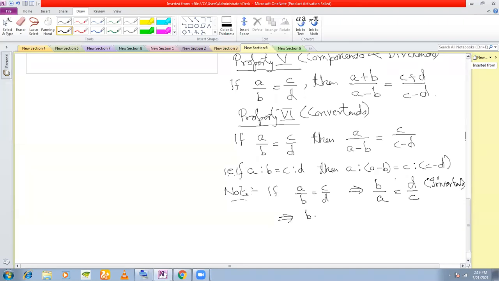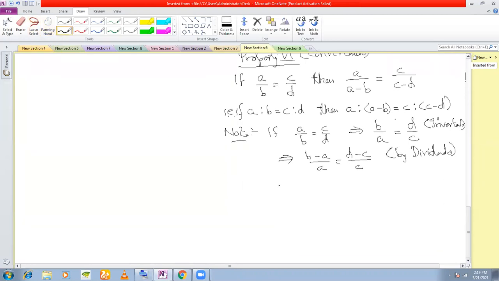Next, b minus a by a is equal to d minus c by c. This is by dividendo. Next, you can write this as minus a minus b by a is equal to minus c minus d by c.